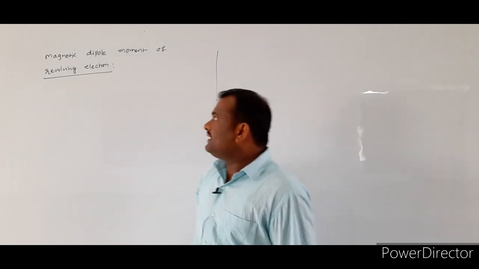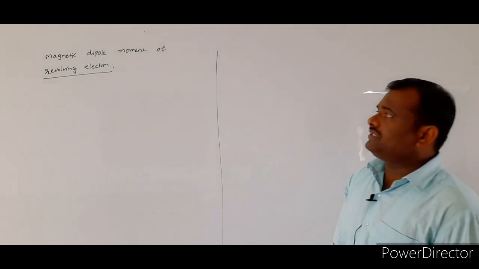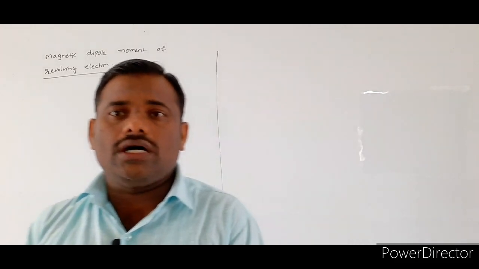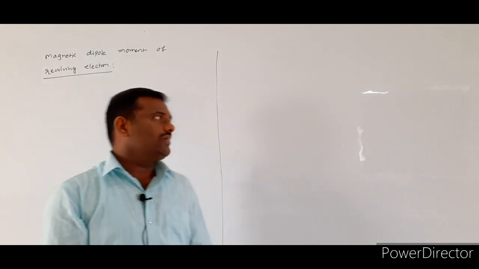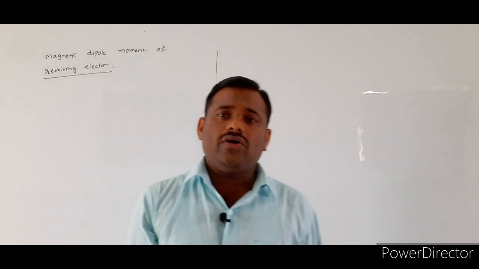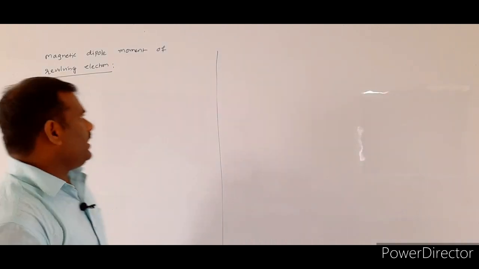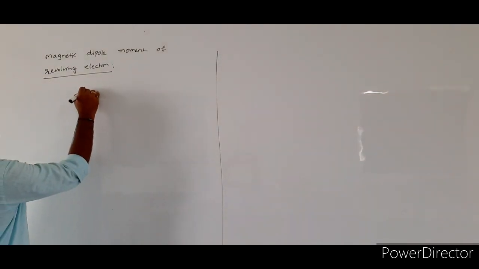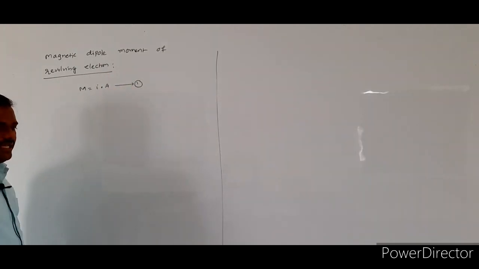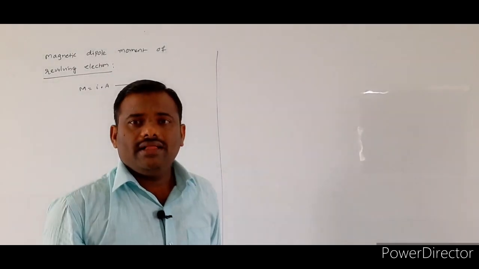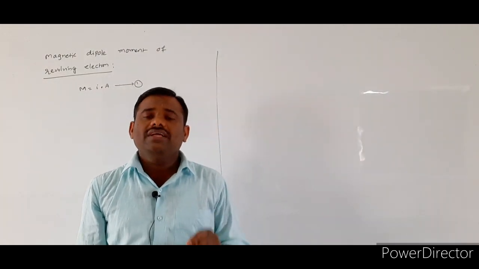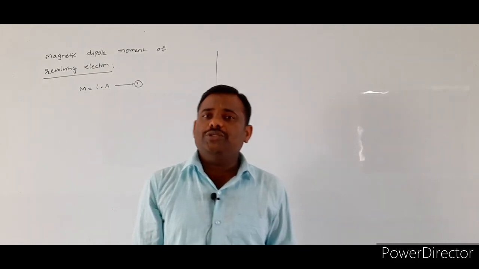And the next topic is magnetic dipole moment of the revolving electron. Just now only we told the magnetic momentum of the circular current carrying coil, the general expression which is given by M is equal to I into A. So in the previous case we derived the magnetic moment of a charged particle, but which type of charged particle we don't know.